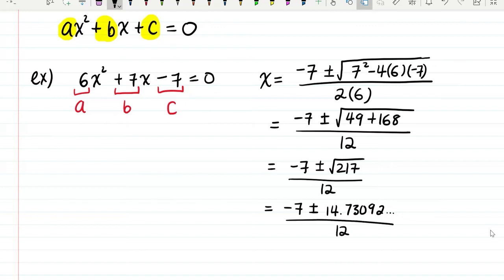So let's try writing the answer as two separate answers.